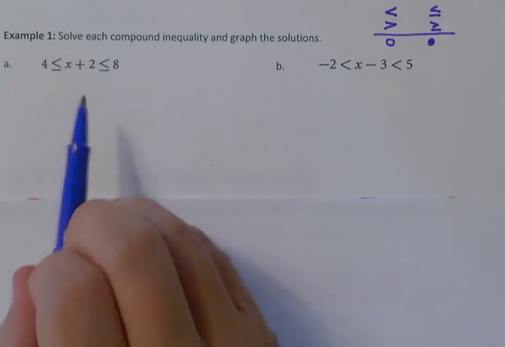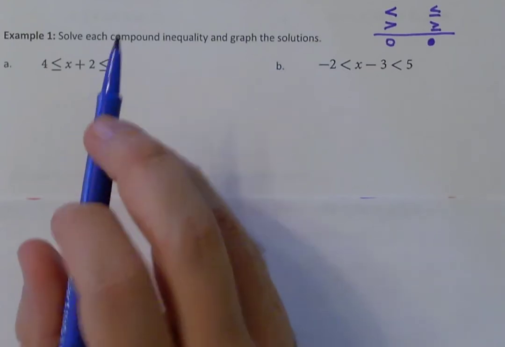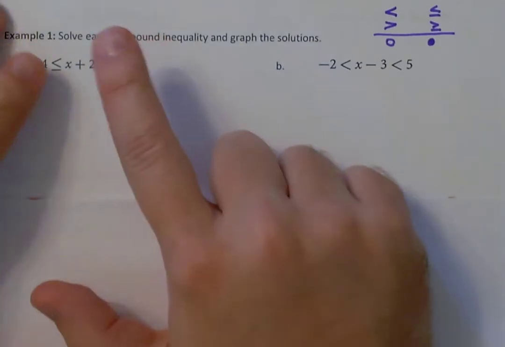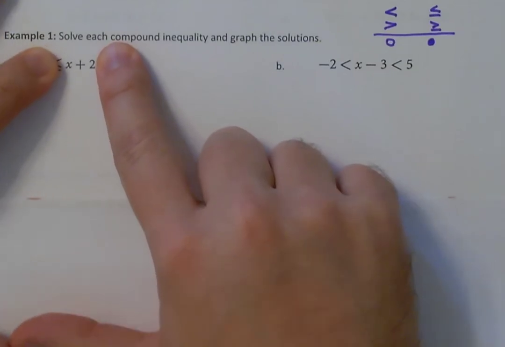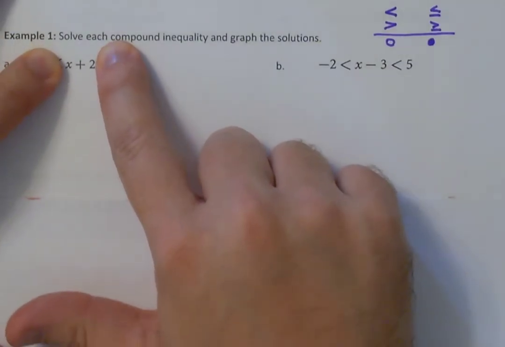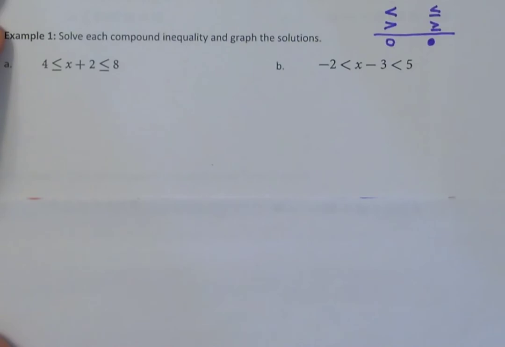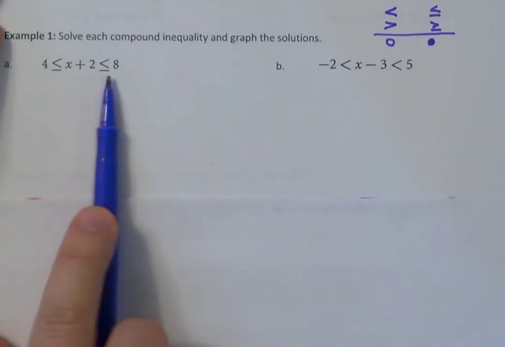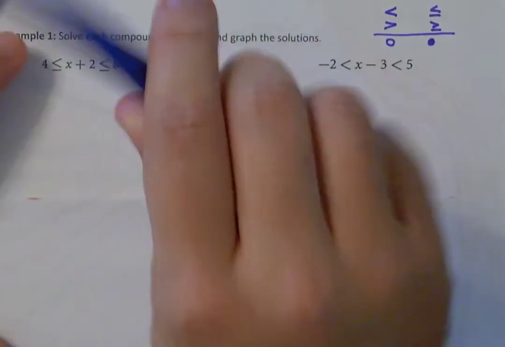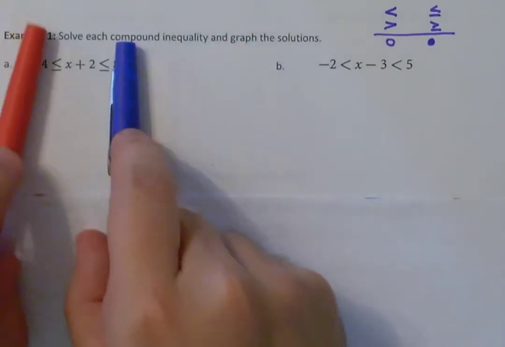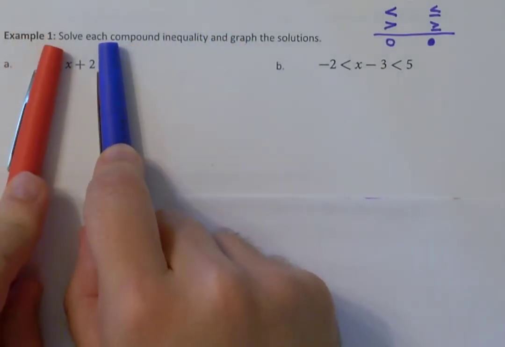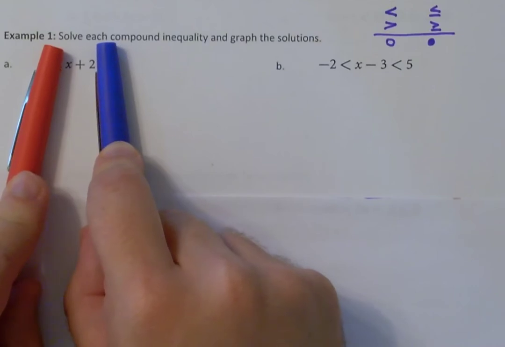Now, to solve compound inequalities, we are going to take a look at the inside or the middle of the inequalities for the and statements. So whenever you have a complete statement like this, you're just going to focus on the inside part of your inequalities. So here we have x plus 2.